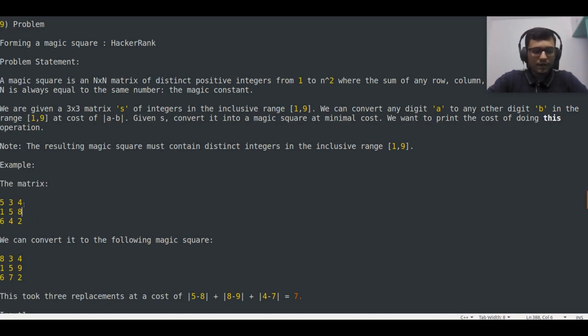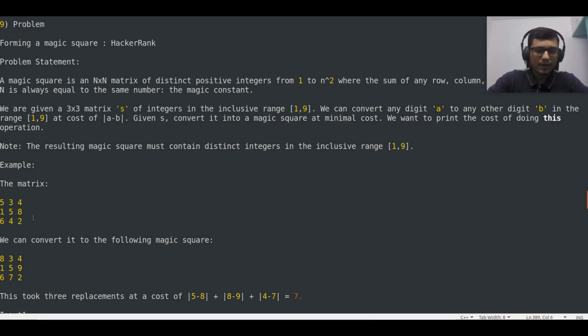Now we can convert this matrix into a magic square by performing 3 replacement operations. We can replace this 5 with 8 here, this 8 here with 9, and this 4 here with 7. The cost of each operation is the absolute value of 5 minus 8 for the first, the absolute value of 8 minus 9 for the second, and the absolute value of 4 minus 7 for the third, and this sums up to 7.